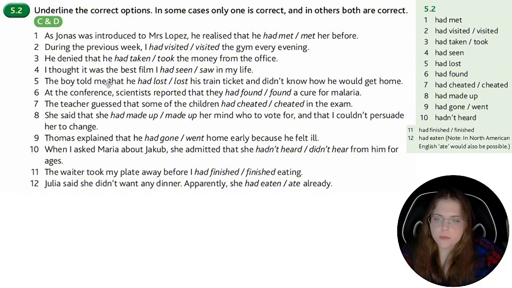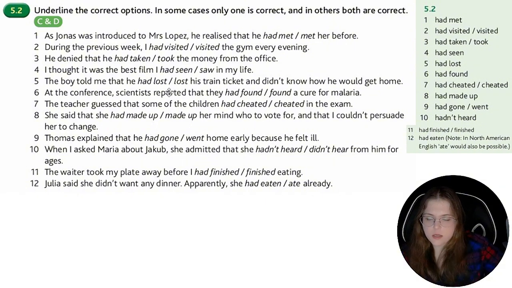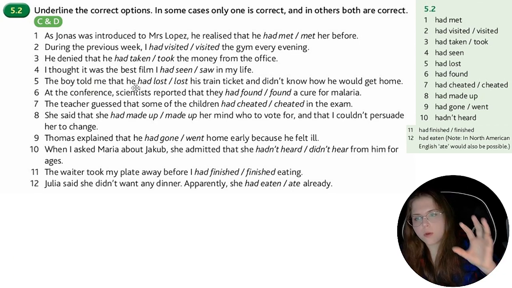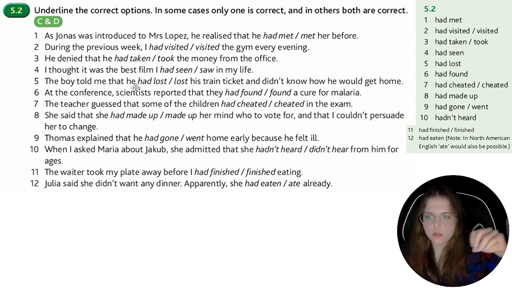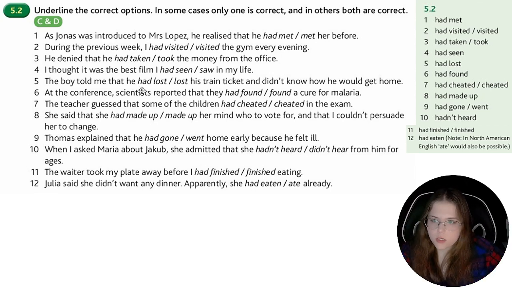Now let's try to imagine this dialogue right now. If we are in the train, and we are talking about my lost ticket, I can say that I lost my ticket in the past. And if this is reported speech, the boy told me that, so our past simple turned into past perfect. So he had lost.